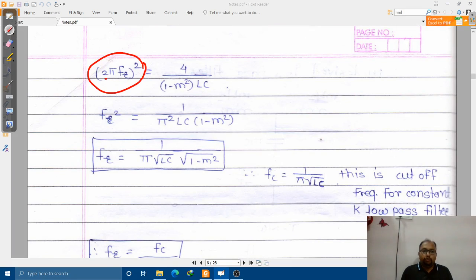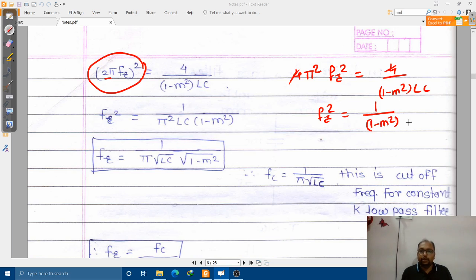So (2 pi fr) square we are going to expand and give the separate square. So 4 pi square fr square equals 4 divided by (1 minus m square) LC. We can cancel out this 4. Now fr square equals 1 upon (1 minus m square) pi square LC.